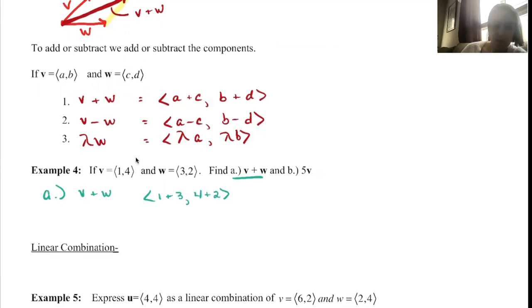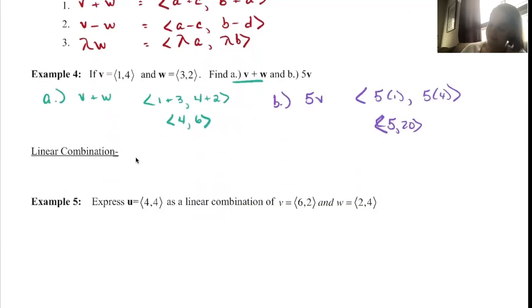So you get the addition here of 4, 6. Then if we want to do part B, that scalar, 5V, this would be 5 times 1, and then 5 times 4. So your components are 5, 20.